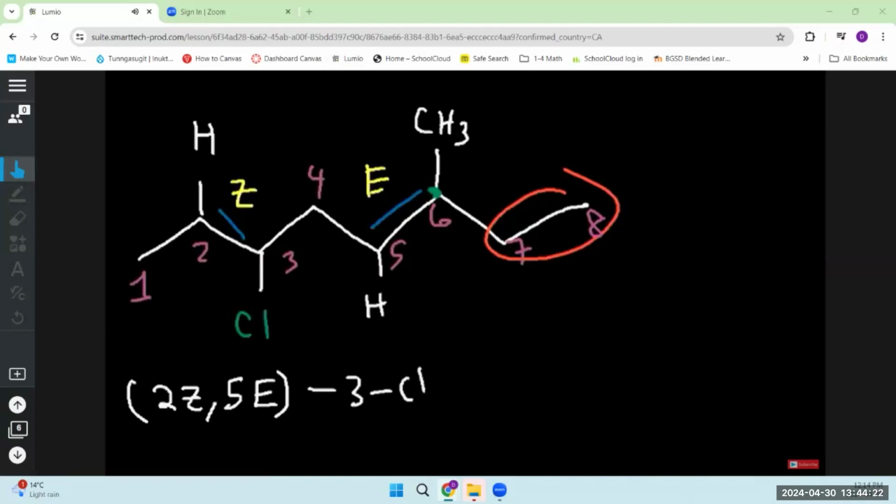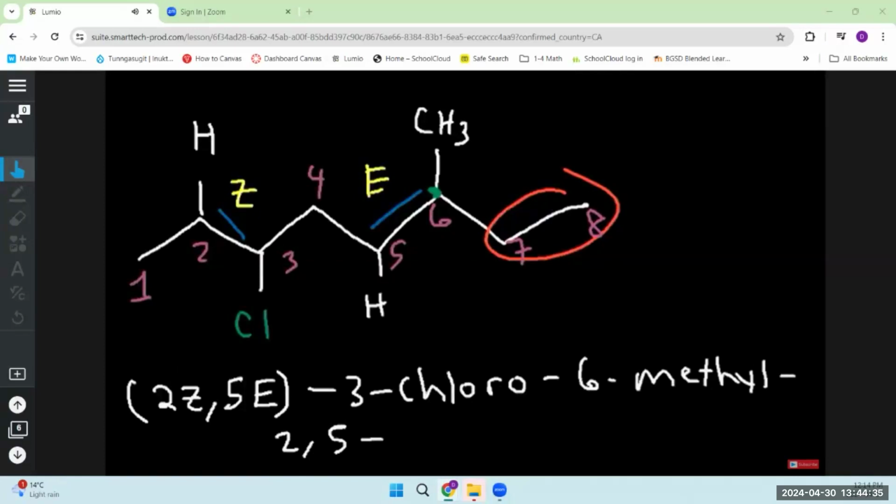It's going to be 3-chloro-6-methyl-, we have a double bond on 2 and 5, so 2,5-octa, since we have a total of 8 carbons, octadiene, since we have 2 double bonds.